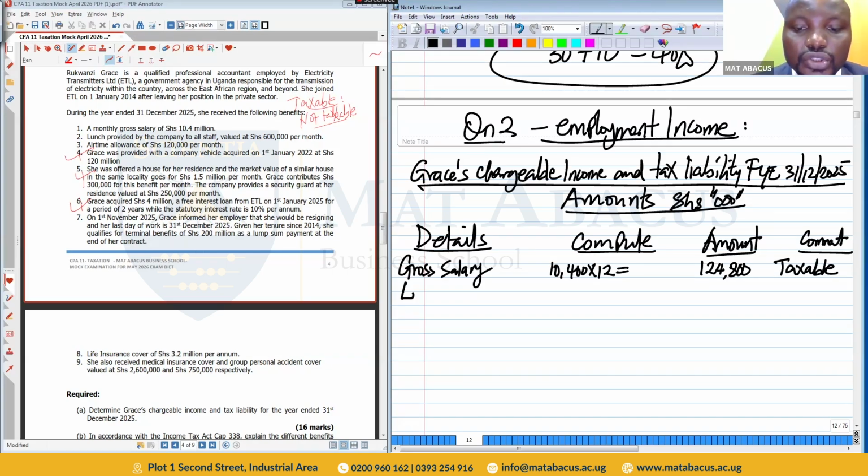Two, we shall have lunch. Lunch is provided to all staff, and it is valued at 600. So it is 600 times 12, which will give you 7.2.